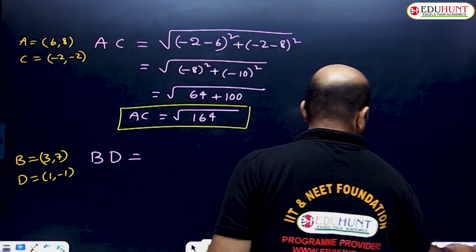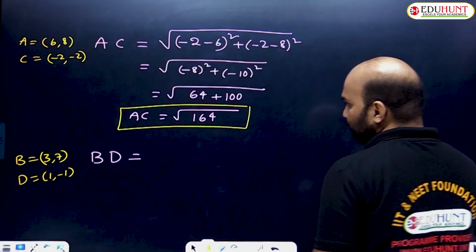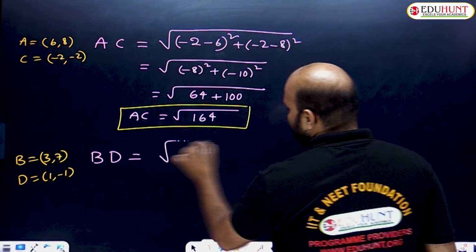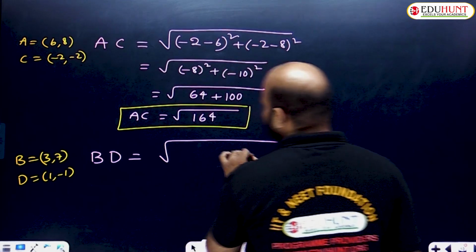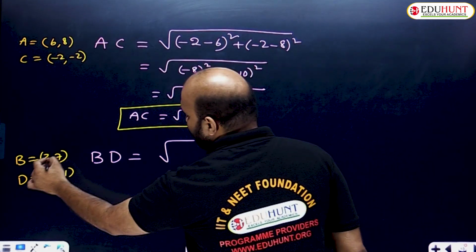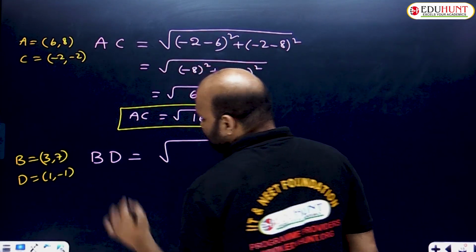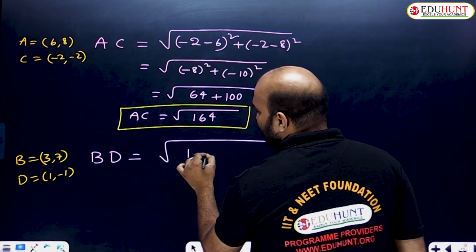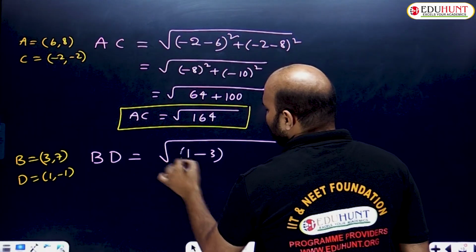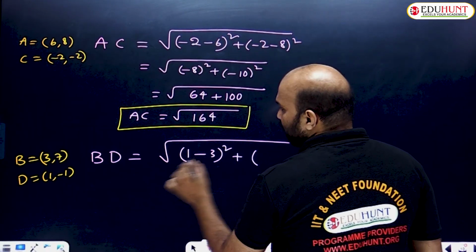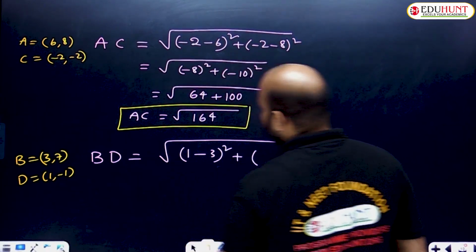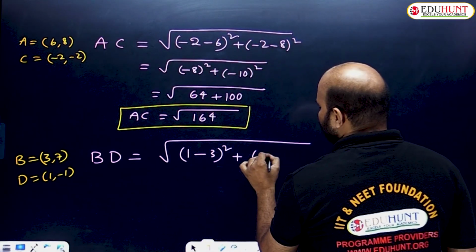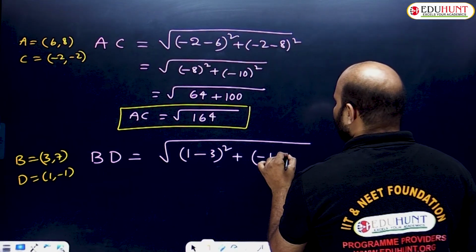So by using the distance formula, what is the distance formula? Square root of x2 minus x1 whole square plus y2 minus y1 whole square. B coordinates I am taking as x1, y1, D coordinates x2, y2. So x2 1 minus x1 3 whole square plus y2 minus 1 minus y1 7 whole square.